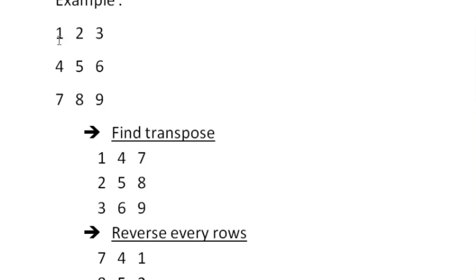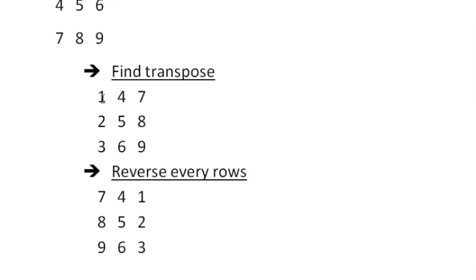Here we can see that the first row was 1, 2, 3 and now it has become the first column, 1, 2, 3. Similarly, the first column was 1, 4, 7 and now it has become the first row of the transpose matrix. So first we find the transpose of the matrix and then we reverse every row of this transpose matrix.